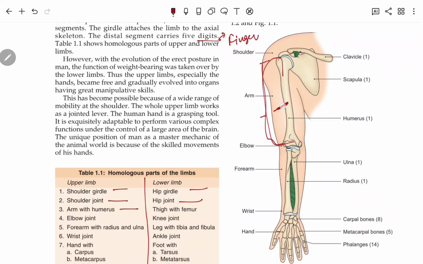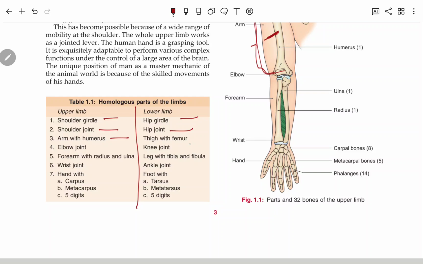In the lower limb there is the thigh with the femur, a similar structure. Then there is the elbow joint; in the lower limb, the knee joint. Forearm with radius and ulna. Leg with tibia and fibula.